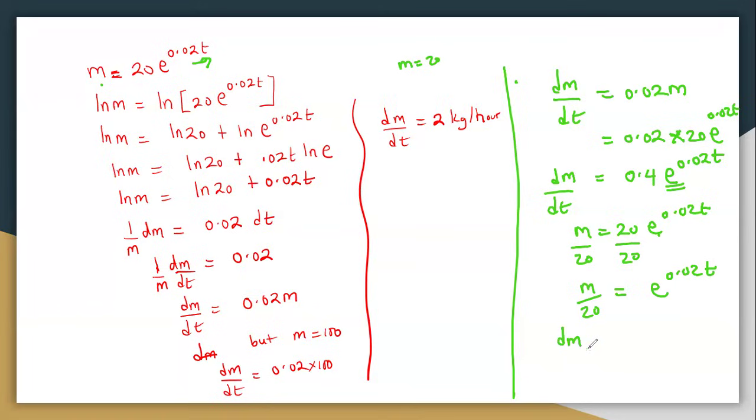So you end up with dm/dt equal to 0.4 times m/20, and therefore 0.4 divided by 20, you'll end up with 0.02 m. Someone could do it in that particular way, and then you end up with that answer.